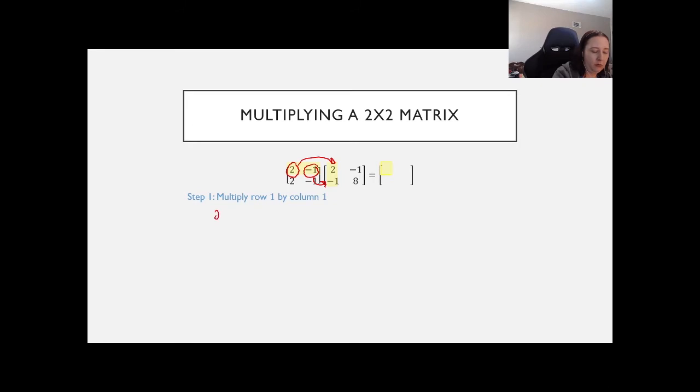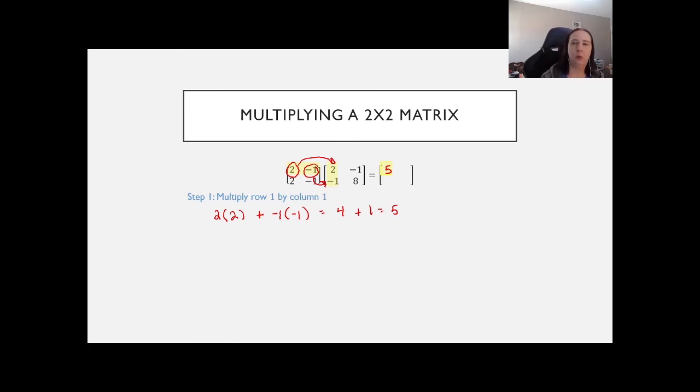And so we're doing 2 times 2, and then you add your answers together. So then we have -1 from the first row times -1 in the second row. So that gives us 4 plus 1, which gives us 5. So we're going to have a 5 here in our top left corner.